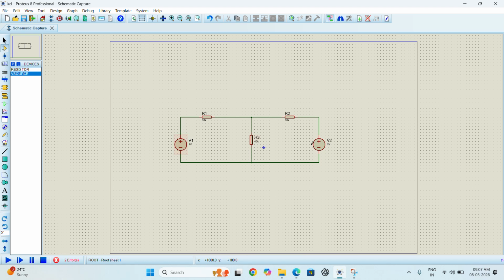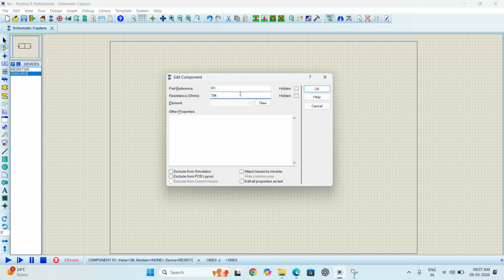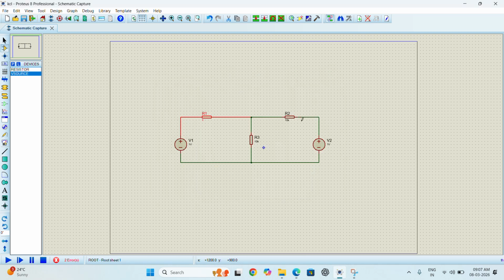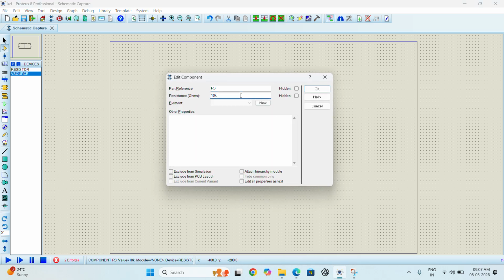So this is 1 volt and this is also 1. Let it be. I will make the resistor values 1 ohm to simplify. Actually, the use of this Proteus software is that it gives every component you require to build any circuit. And one more thing, there is no loss of anything.